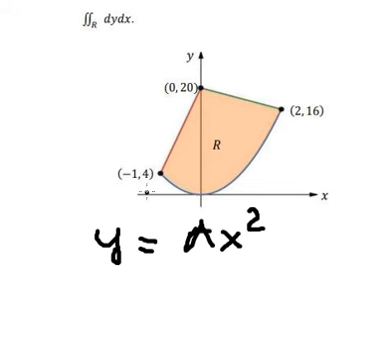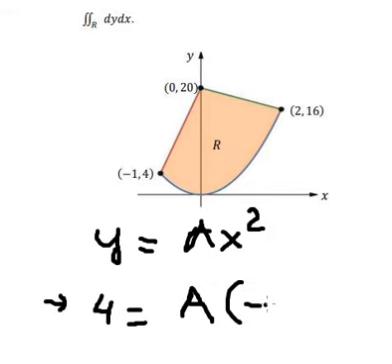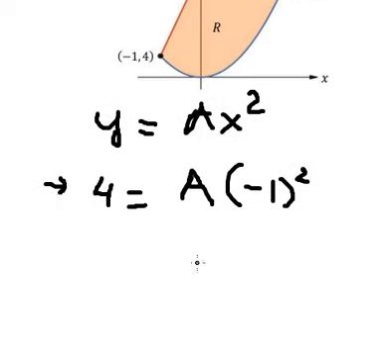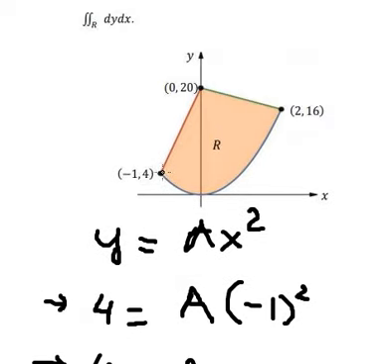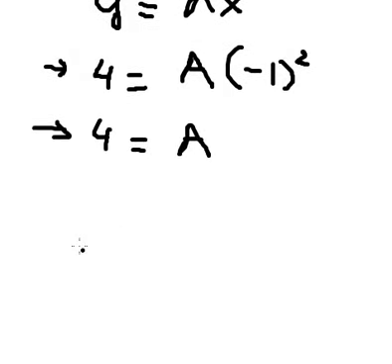So when x equals negative 1, y equals 4, so we can find capital A. If we simplify, we get 4 equals capital A, so the formula of this blue one is y equals 4x squared.